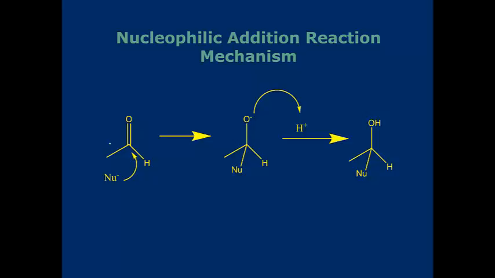Because of the net dipole, which I will draw here, there's going to be a positive dipole moment at the bottom, this carbon right here, which allows this nucleophile to attack. The attack of this nucleophile is going to cause the electrons to bump up to the oxygen, which is then going to take protons from the environment and create an alcohol.